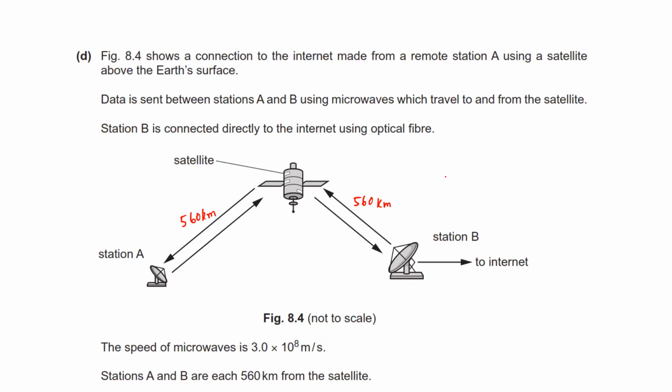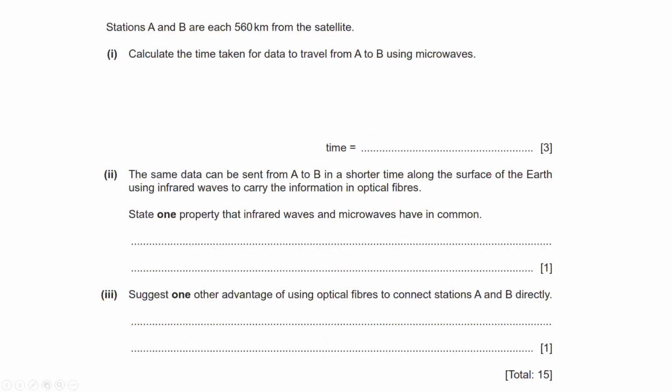And the speed of the electromagnetic waves is c, 3 into 10 power 8 meters per second. So the first part says station A is 560 kilometers from your satellite. Calculate the time taken for data to travel from A to B using microwaves.